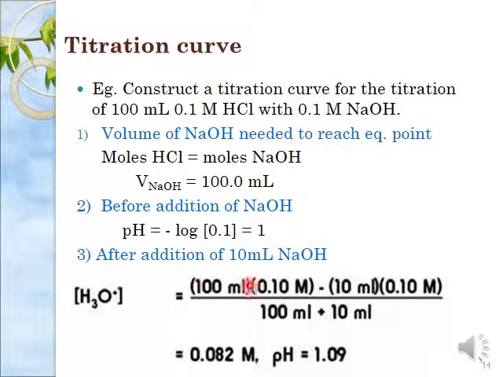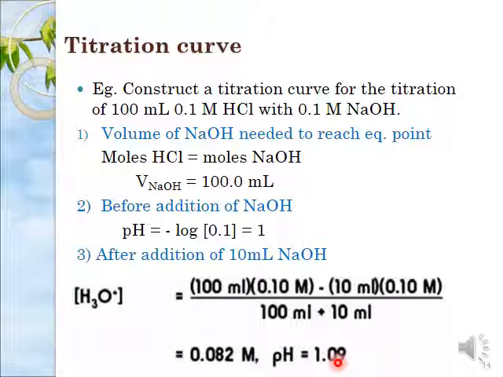So 100 ml times 0.1 gives the number of moles, minus the number of moles of base, over the new volume. Initially there is 100 ml of the sample, then you add 10 ml, so it becomes 110. From here it's already calculated, 0.082 molar. To find the pH, take the negative log, because this refers to H+. So the negative log of this gives pH 1.09.